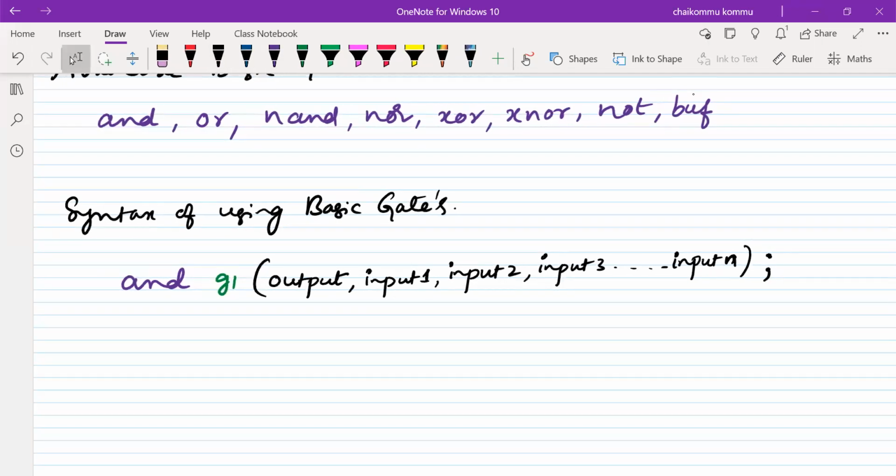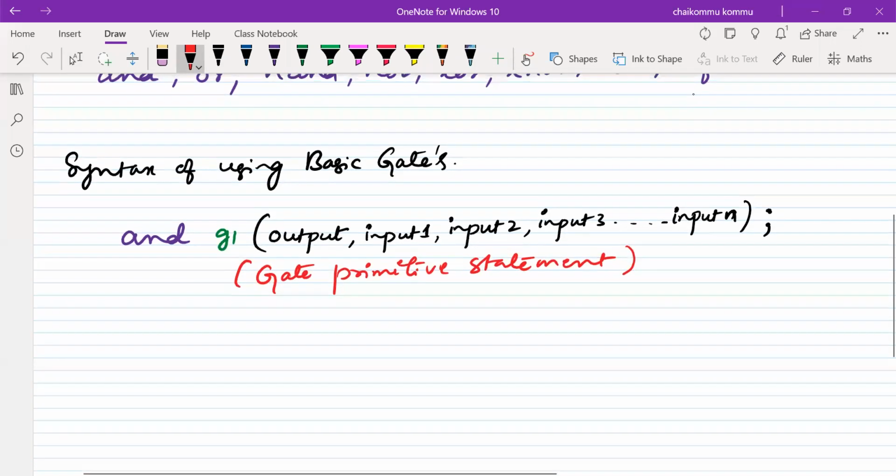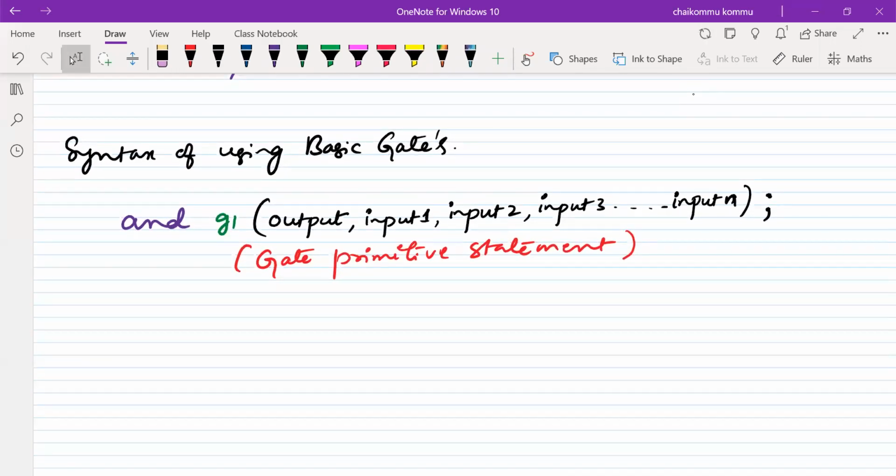This is how we use a gate statement, which is called a gate primitive statement. Don't forget this word. This is the syntax that we use in gate level modeling. Let us consider a simple gate. What is the size of the gate that I have written here?